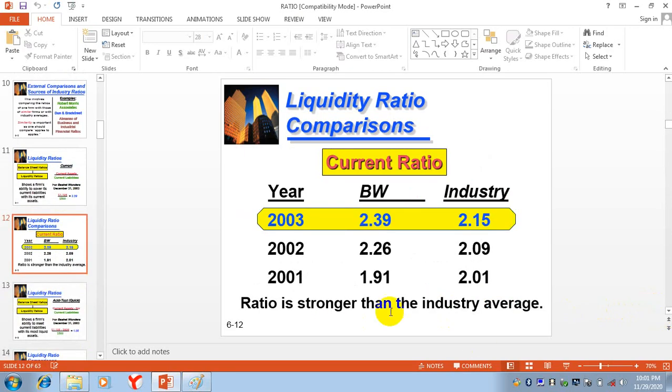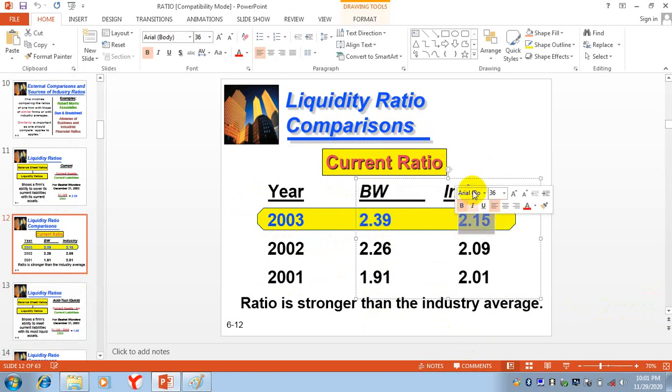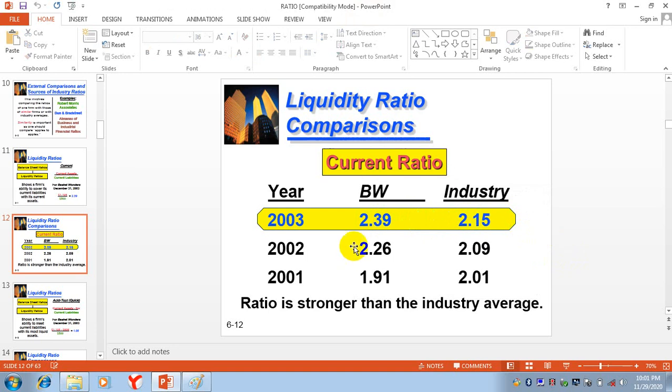Now internal comparison and external comparison: 2003, 2002, 2001. 2.39 in 2003, 2.15 for the industry. So our ratio is strong as compared to the industry. But if you see the internal comparison, in 2001 it was 1.91, in 2002 2.26, in 2003 2.39.